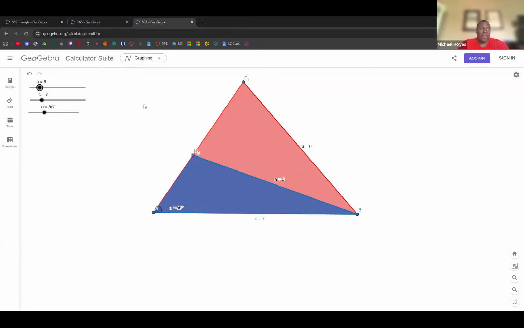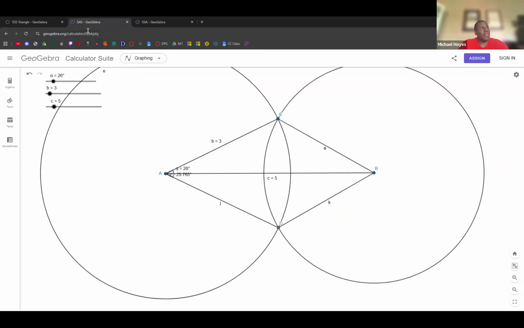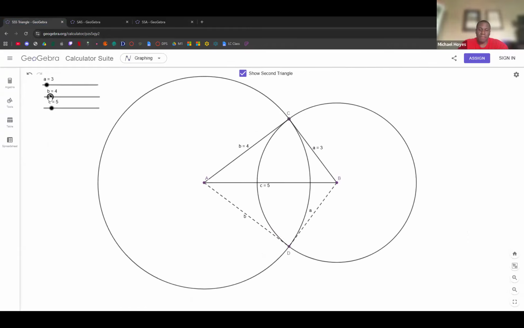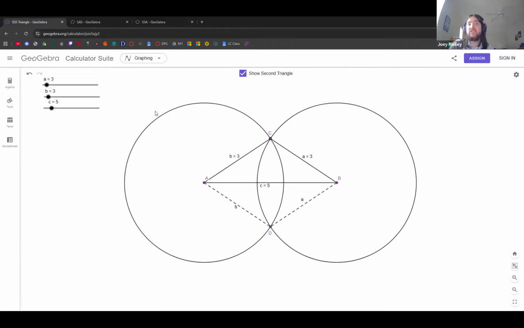So you're saying you don't have a way of articulating why SSS forces a single configuration, why side angle side forces a single configuration, and why side side angle has the potential for two different configurations of a triangle, other than saying it just does, right?